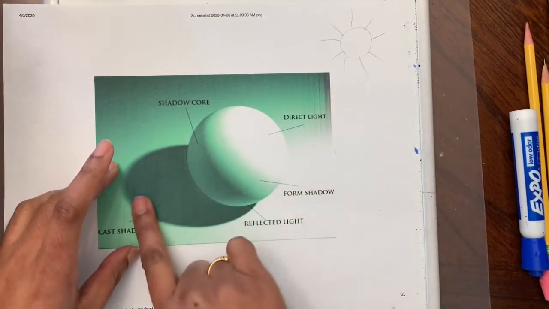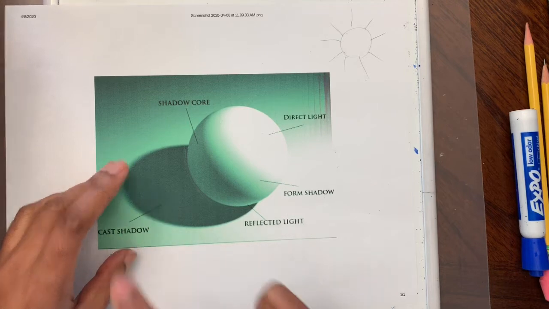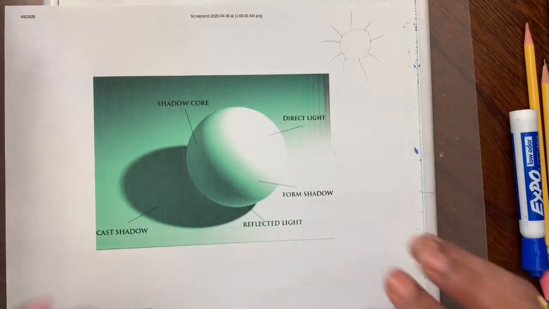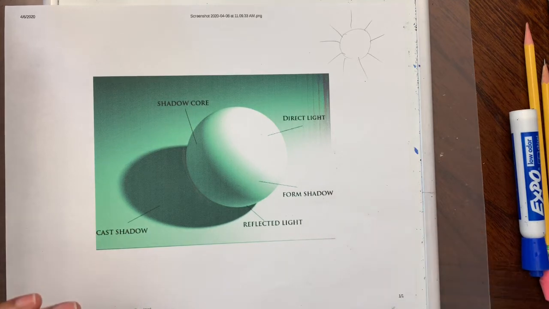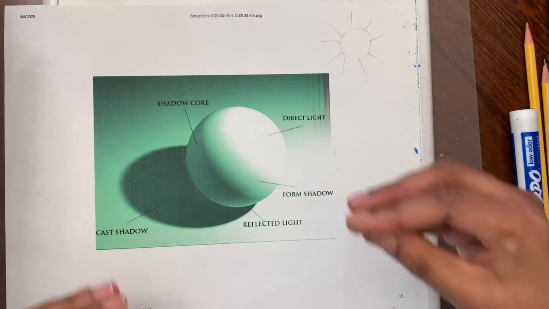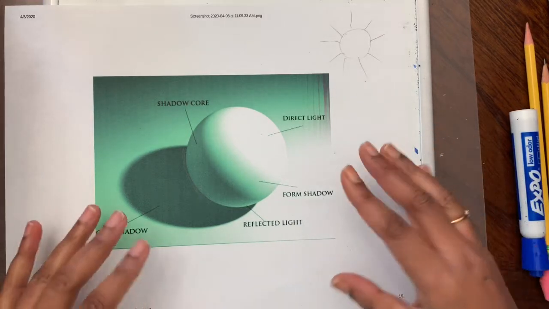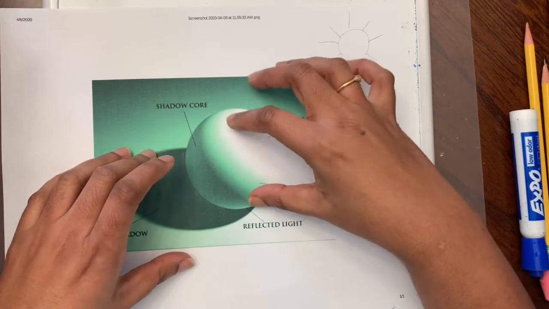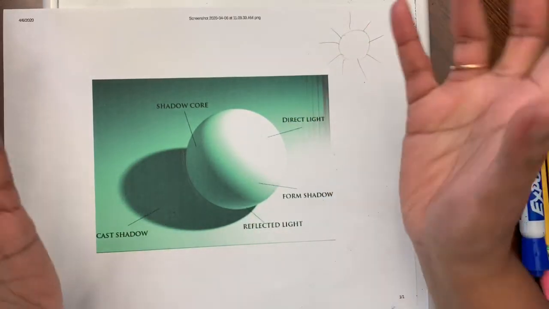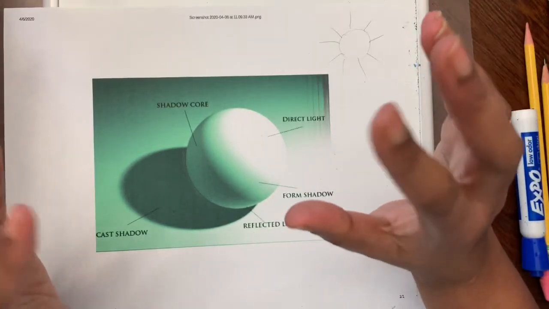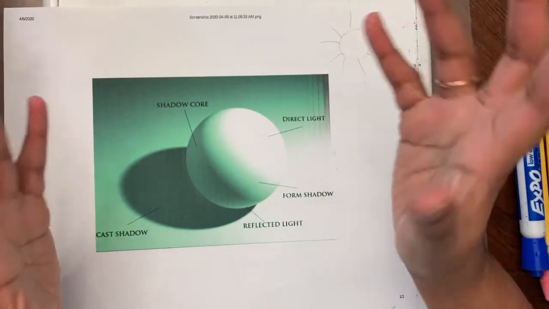If it is on the table, the shadow that it makes is called the cast shadow. So you should show that. And if you're able to show these things using a pencil, by using different values, then you will be able to show the viewer a more realistic 3D shaped object.